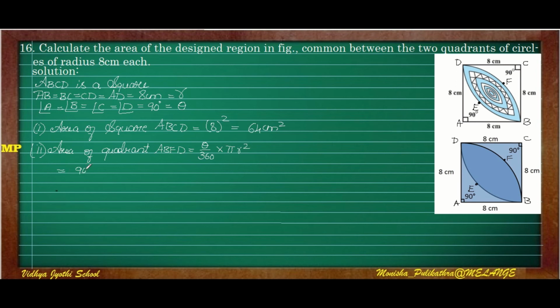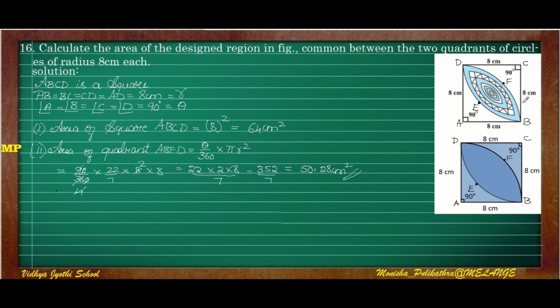So here theta is 90 by 360 into 22 by 7 into r is 8, 8 into 8. So 9 4s are, so 4 2s are. So here 22 into 2 into 8 whole divided by 7, which is equal to 352 divided by 7. The quotient will be 50.28 centimeter square. So this is the area of quadrant ABFD.